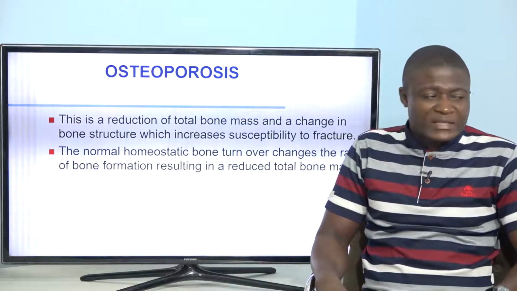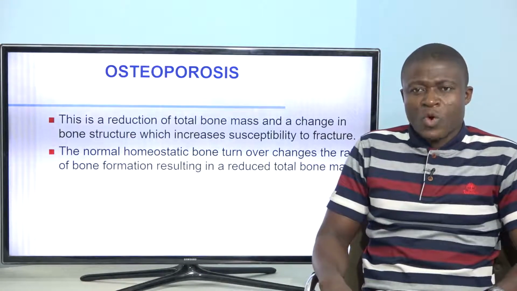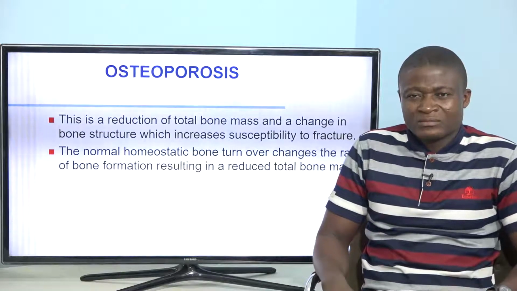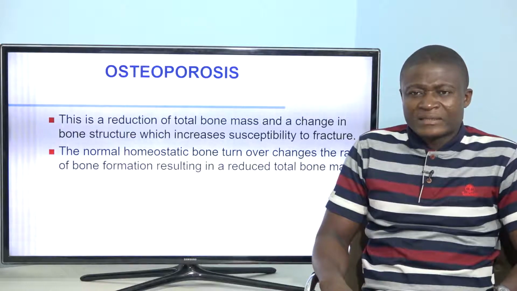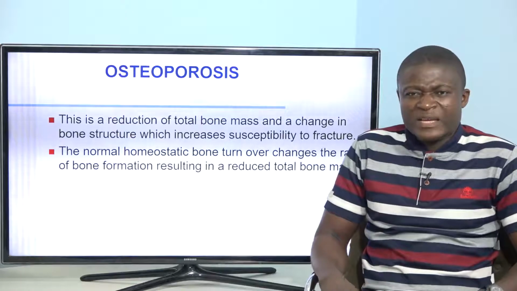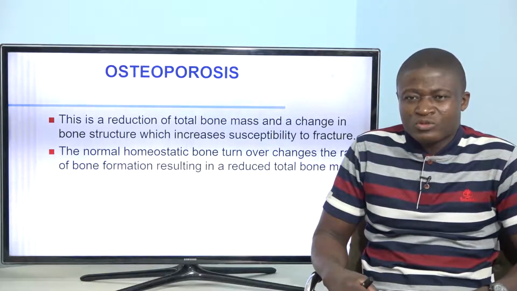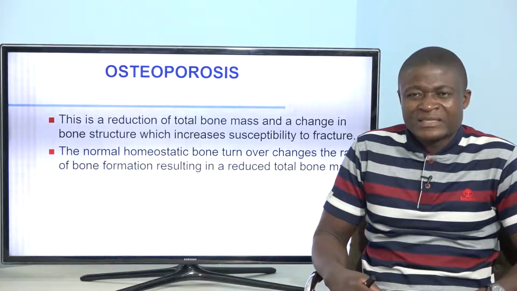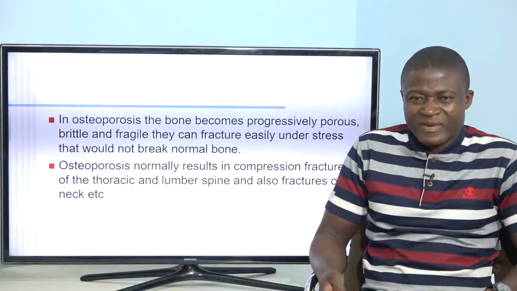Basically put, osteoporosis is a situation whereby the size, the mass, the width of the bone tends to change, decreasing in size. And when this happens, the bone becomes thinner, loses its mass, and becomes much more fragile. And when this happens, the bone can easily fracture.